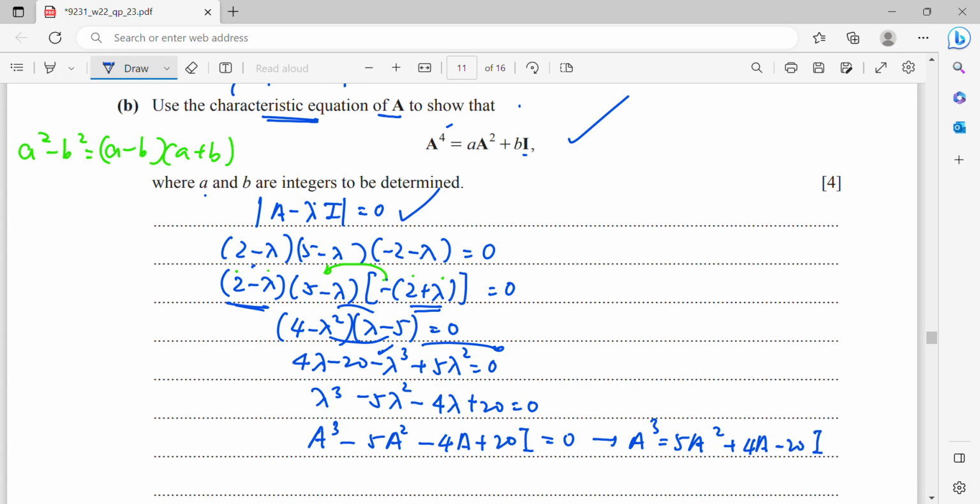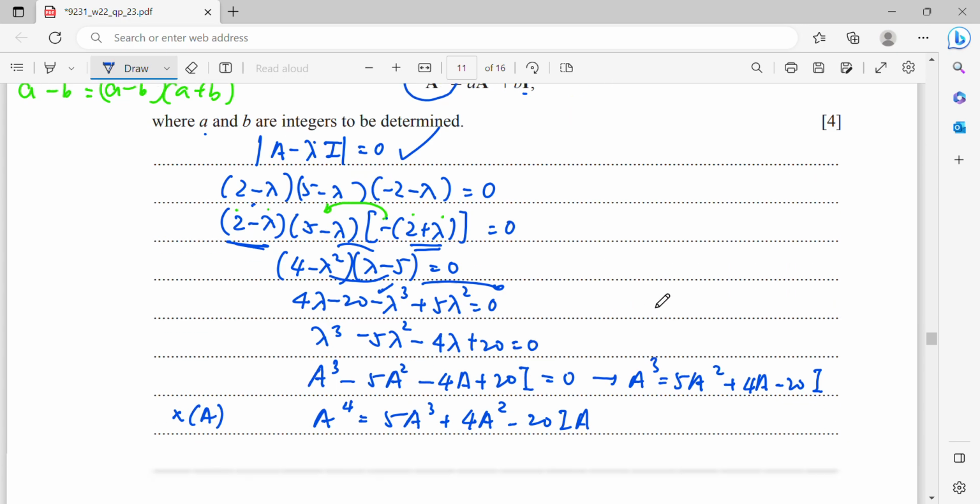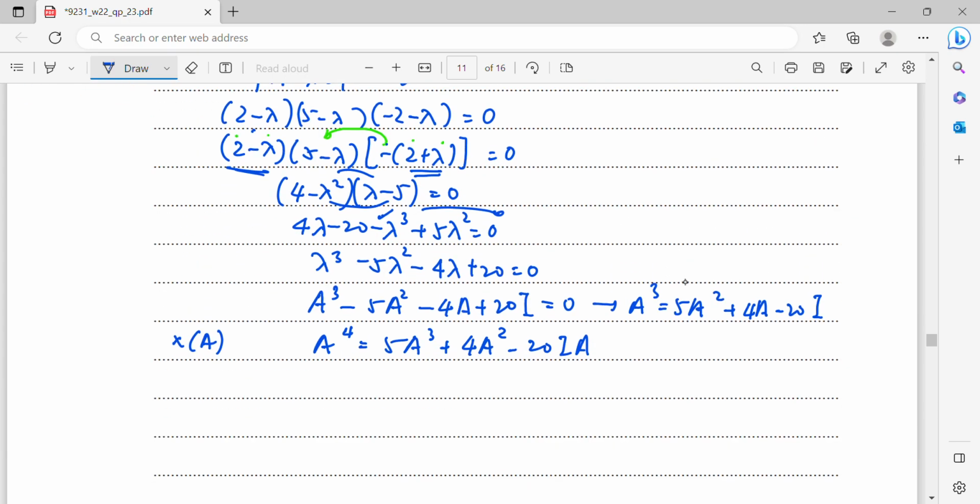Now, but then when you look at the question, we need a degree 4 and not a degree 3. So you multiply by A on both sides. Now when you multiply A by both sides, you will get A to the degree 4 equals 5A cubed plus 4A squared minus 20IA. Now 20IA is basically 20A.